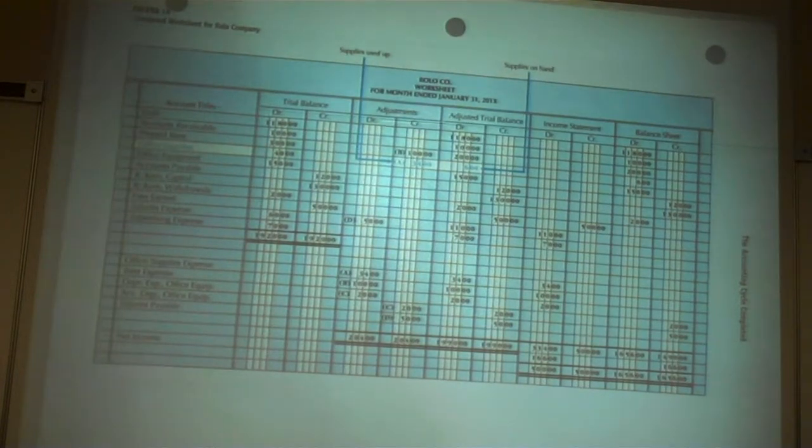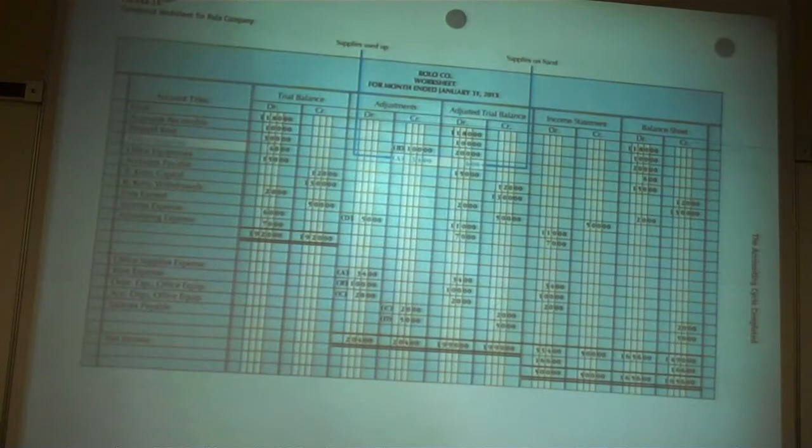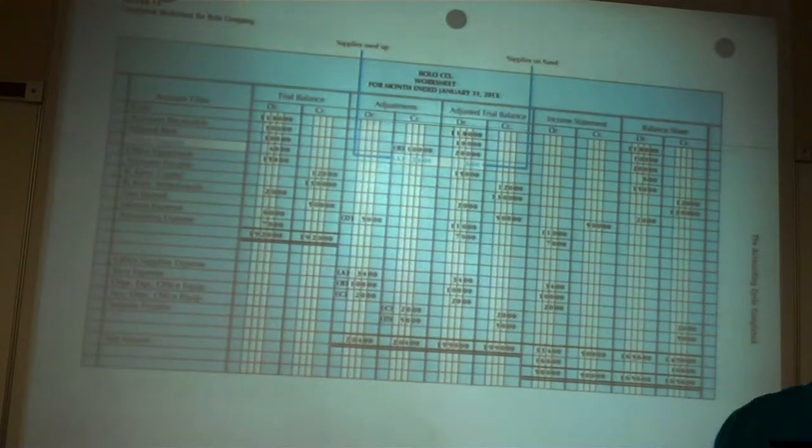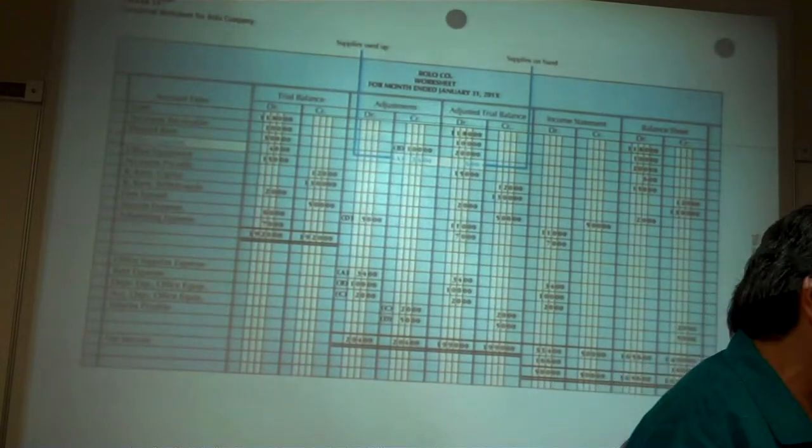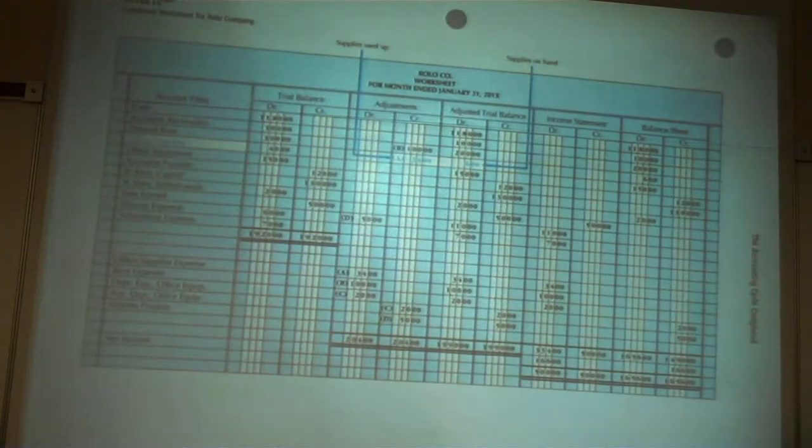Okay, so there's the worksheet that we're going to be using, and we're going to be recording those in the journal. So if you'll find your page 3 of the journal, it should be the first page in that packet of papers that I gave you.